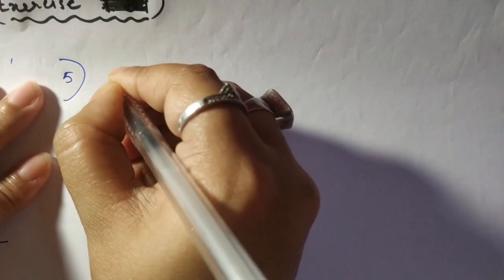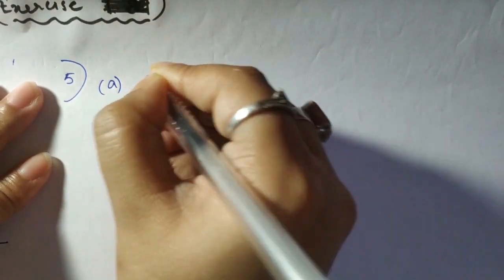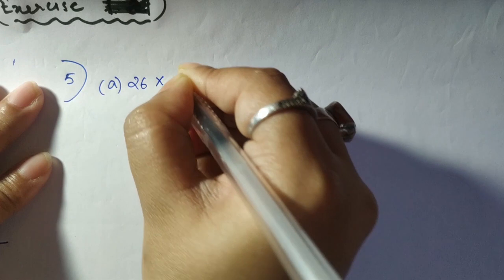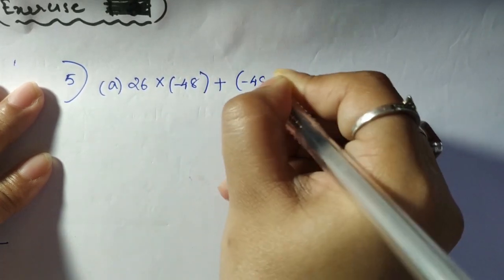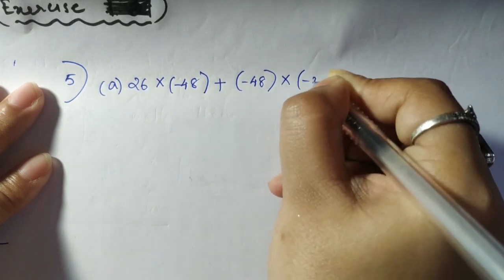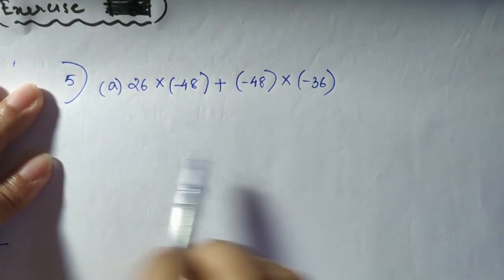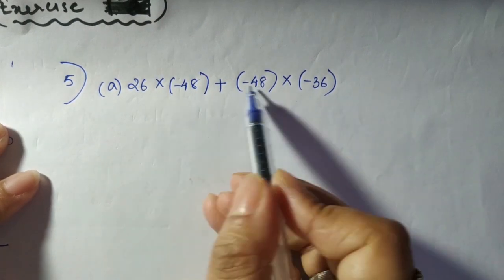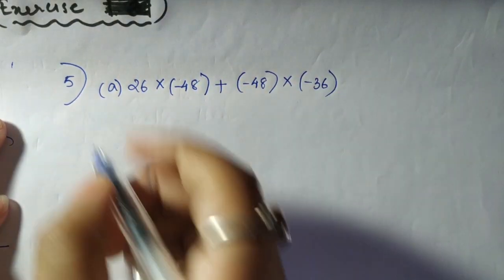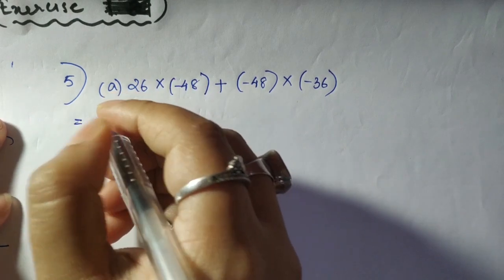Question number 5a is given as 26 into minus 48 plus minus 48 into minus 36. If you go through the sum very properly, you can see these two are the same in both parts. Do you remember something called the distributive property?